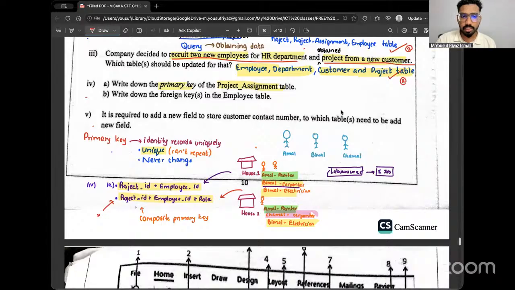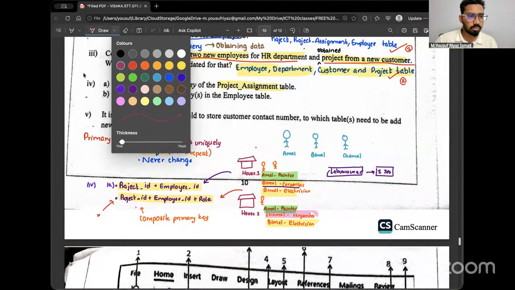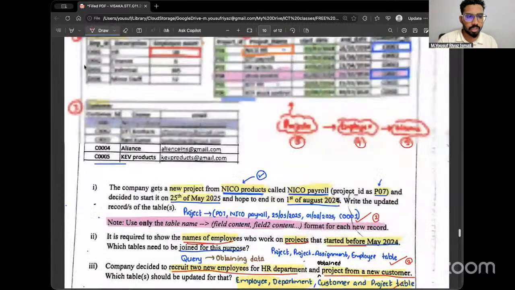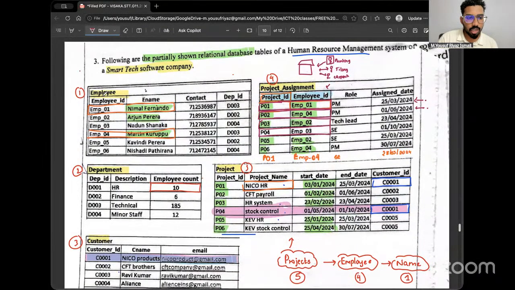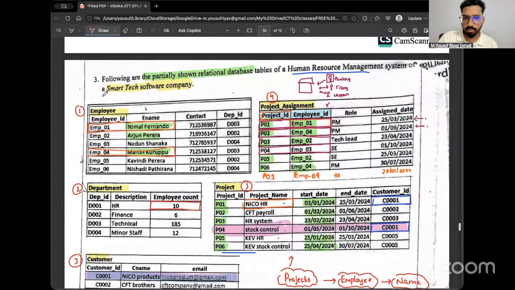For example, let's say I want you to find the employee who has the ID employee 5, I can ask you to name the employee.